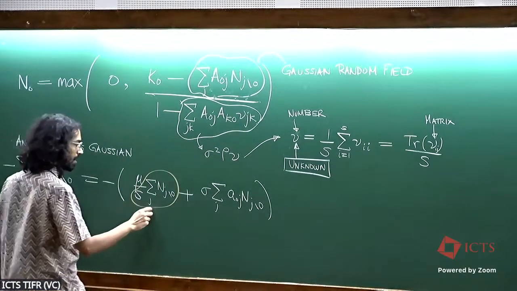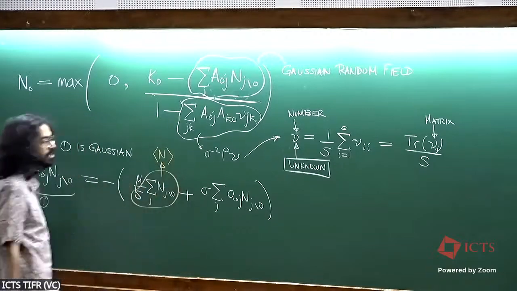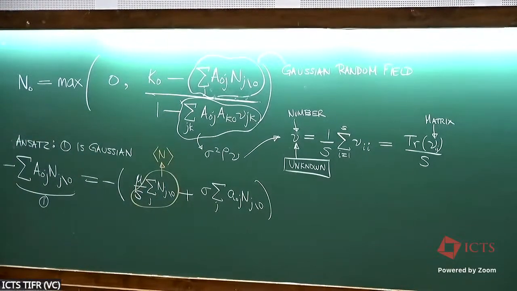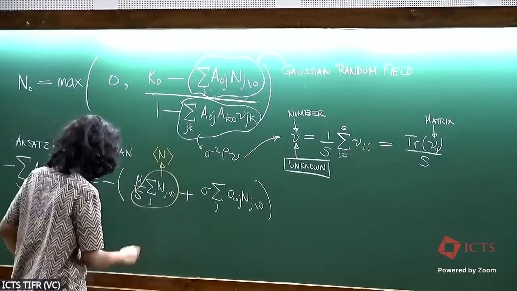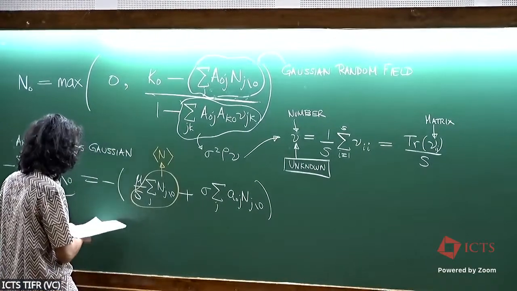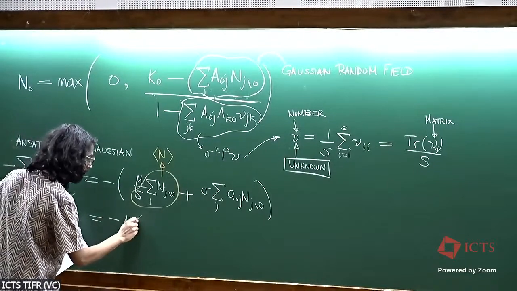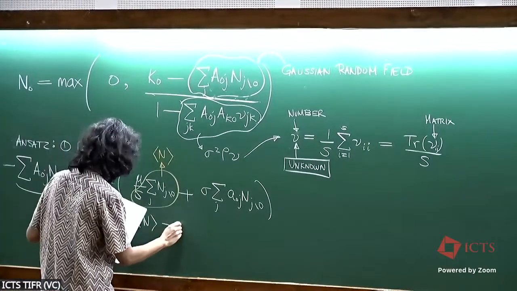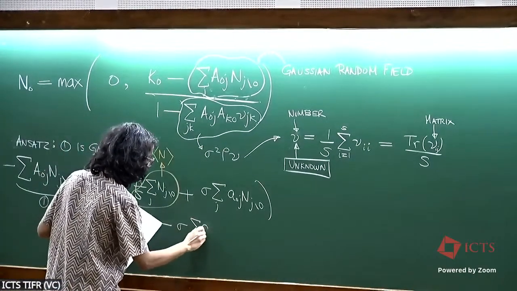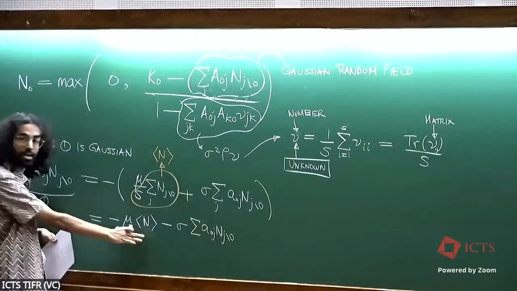It's just the mean abundance of species. So whatever species abundance distribution I'm looking at, this is just the mean of that, right? So I can also write this down. There's a minus sign here. So I can also write it down as mu minus mu times mean of n minus sigma times this A0J and Nj without 0. Right? So that's a constant.